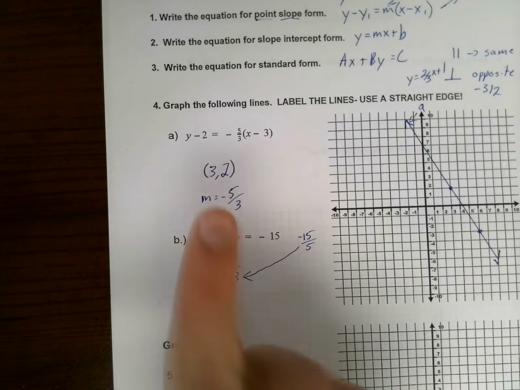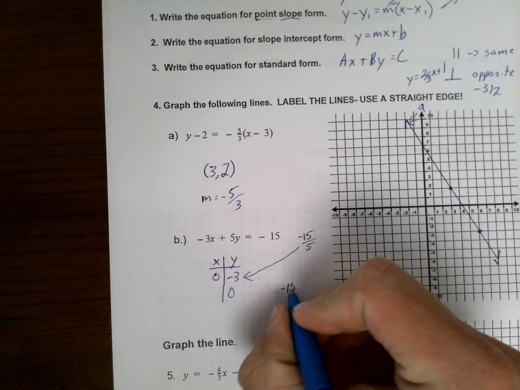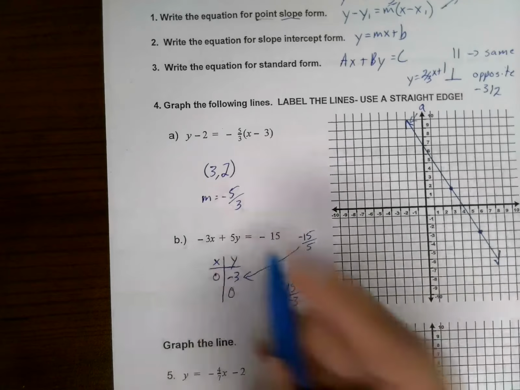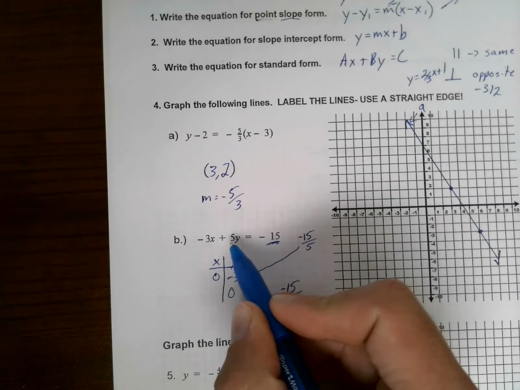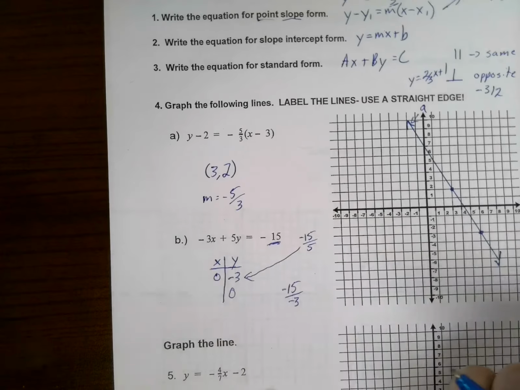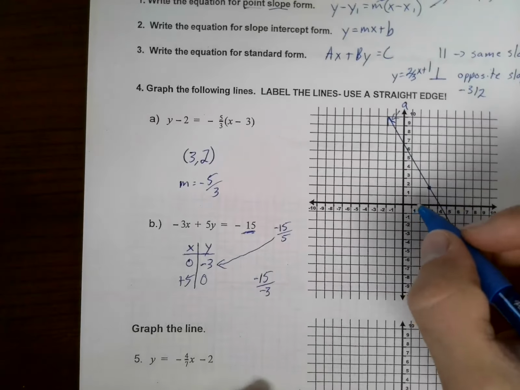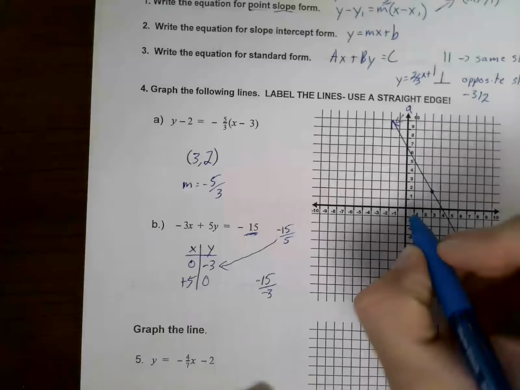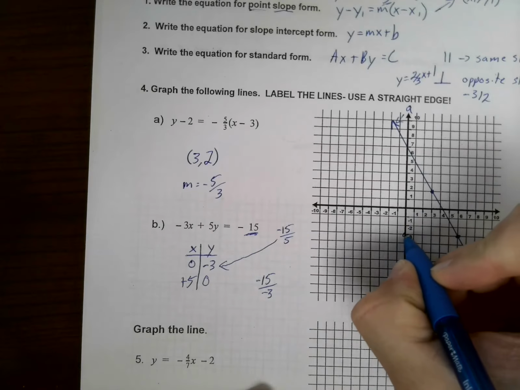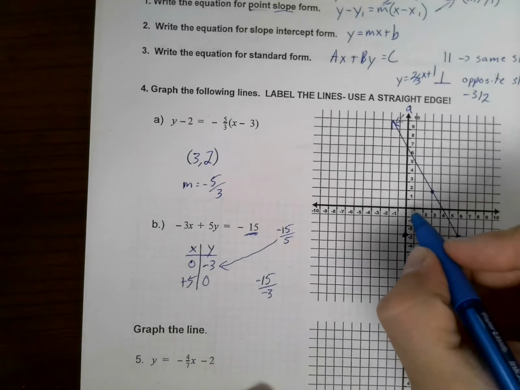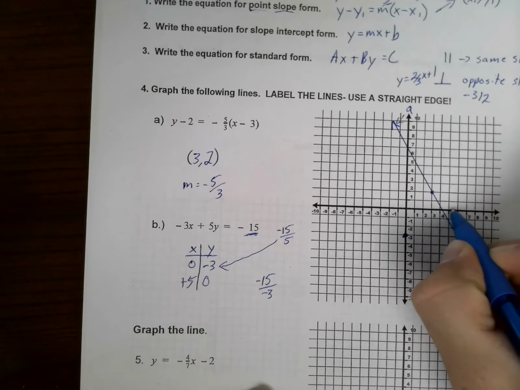So I get negative 15 divided by negative 3. It's really just taking this number right here divided by these two numbers over there. And so I get negative 5 here, or positive 5, and I plot those points. So I'm going to have 0, negative 3, and then I'm going to have 5, 0.